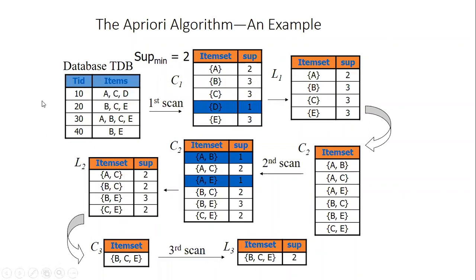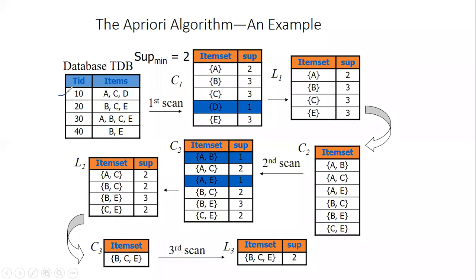So let us take an example. I have told you this before also, so we will revisit it before going to a slightly more complex example. Here we have this many transactions. When I say transaction, this is one customer basket.